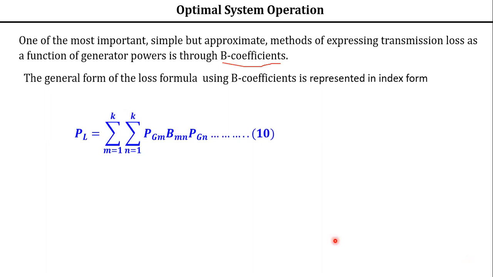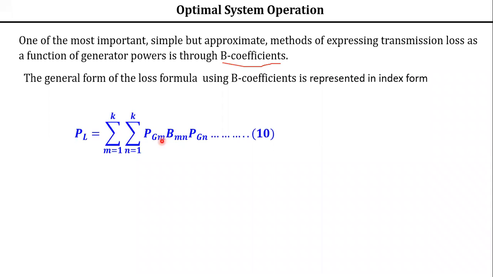Okay. So you see there are two indexes, M and N, varied from 1 to K. Understood? So therefore here PG means generation at M bus and N bus, and in between we will have a B coefficient between M and N, that is BMN. Understood?